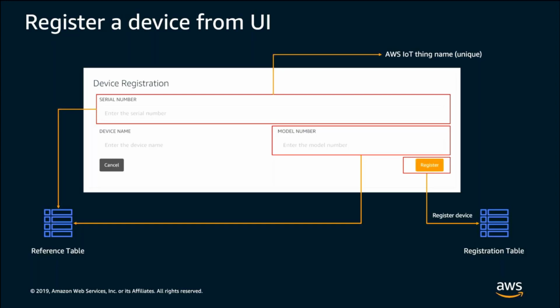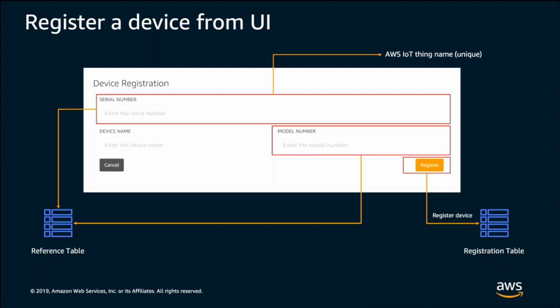Likewise, the Smart Product Solution requires a serial number and model number, and the manufacturer can define serial numbers, model numbers, and the device detail specification in the reference table. The serial number would become the AWS IoT thing name, so it should be unique.